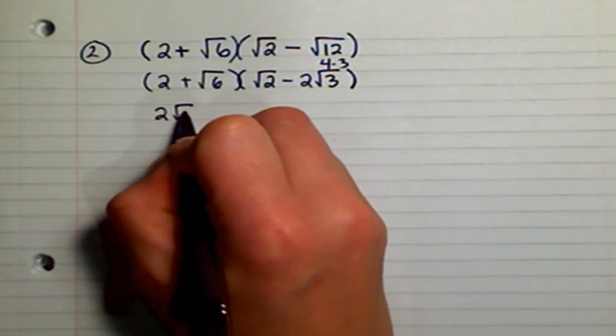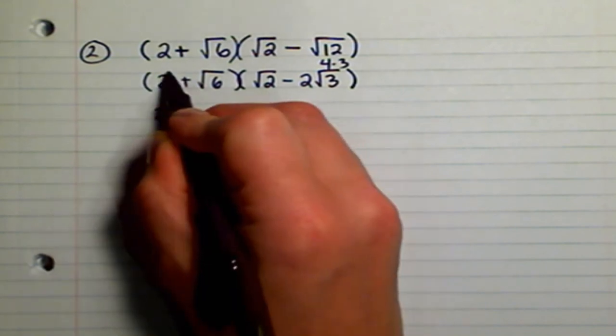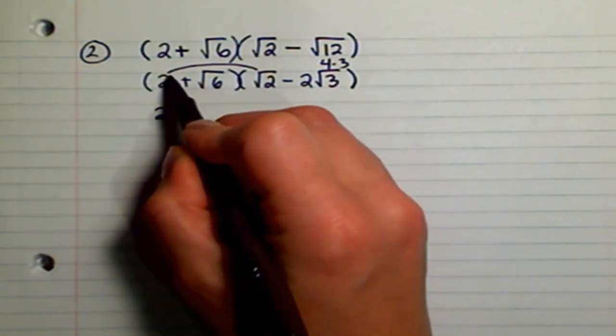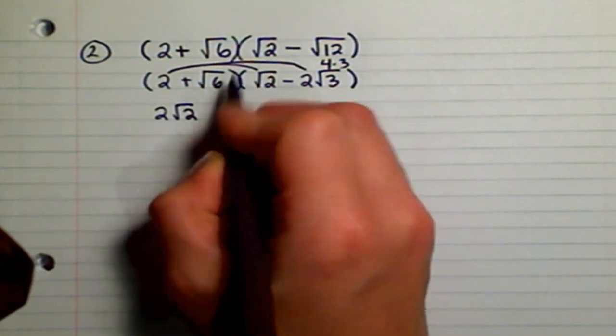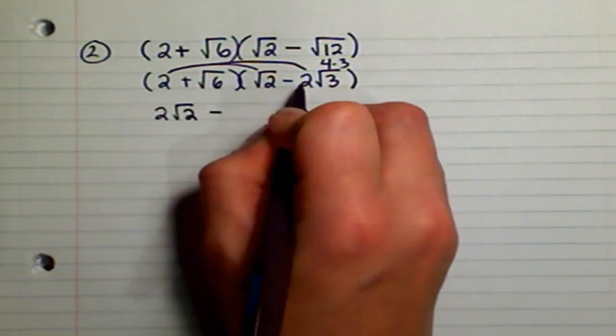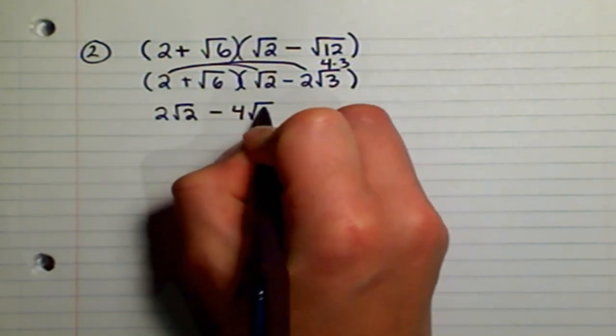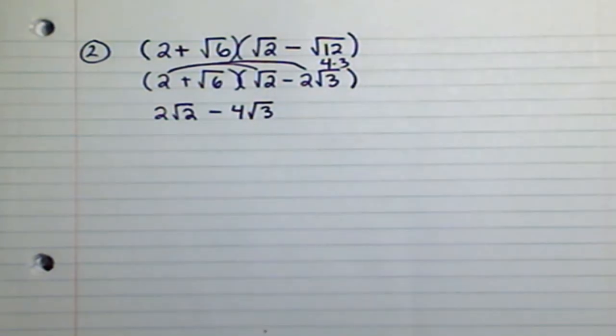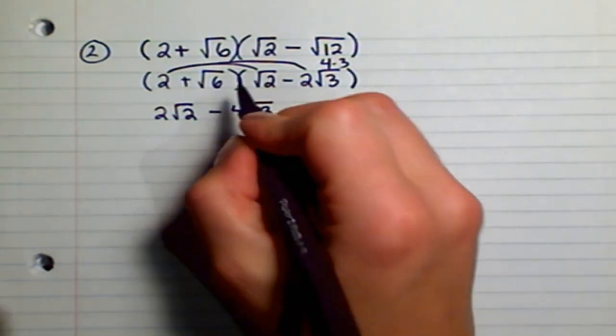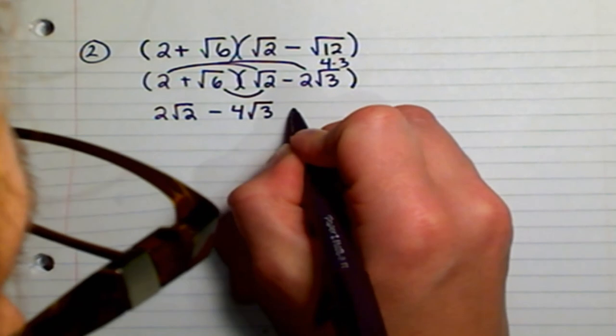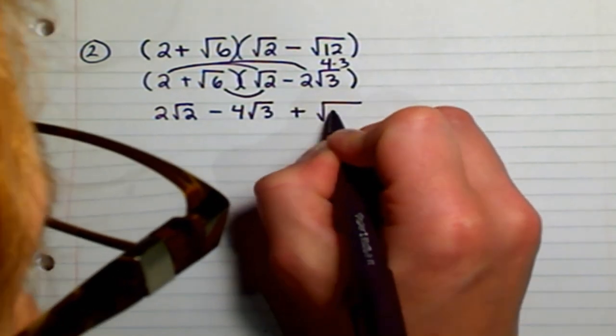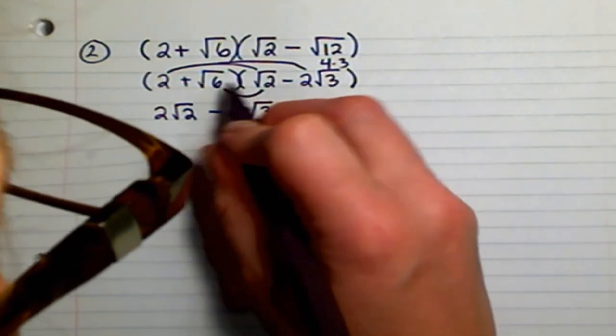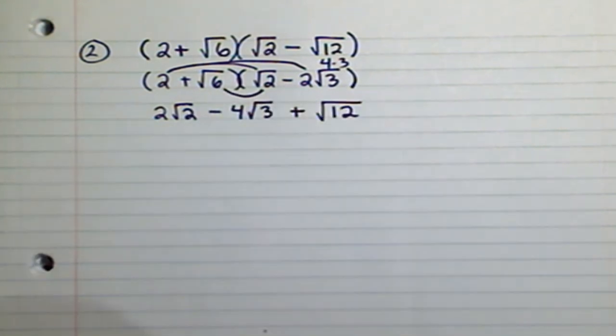All right, here goes. First: outside the radical, inside the radical. Outer: notice that that's 2 times 2 root 3. Outside the radical multiplies inside the radical. Inner: that's root 12, 6 times 2.